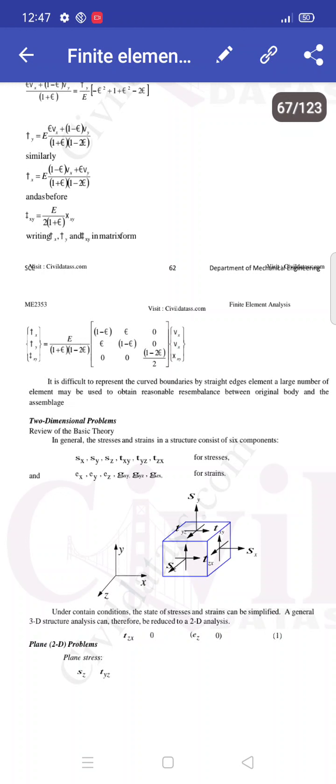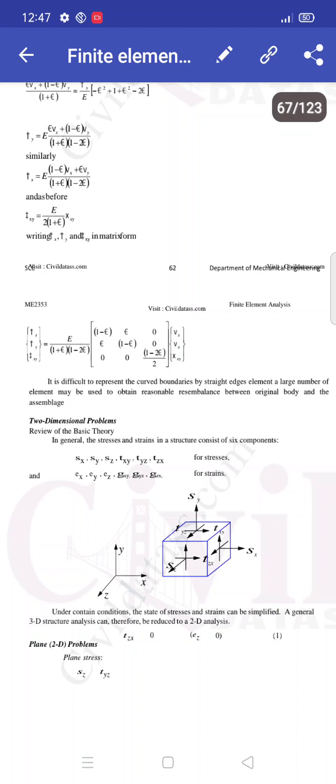Two-dimensional problems. So general stresses and strains structure consist of two sets of components: σx, σy, σz, τxy, τyz, τzx for stresses, and εx, εy, εz, γxy, γyz, γzx for strains.